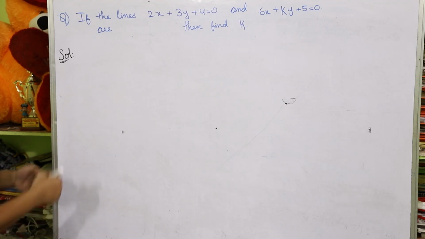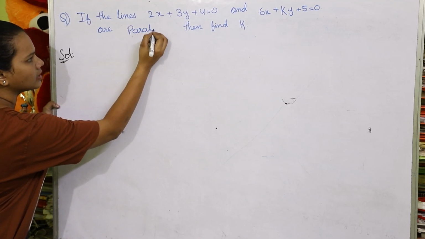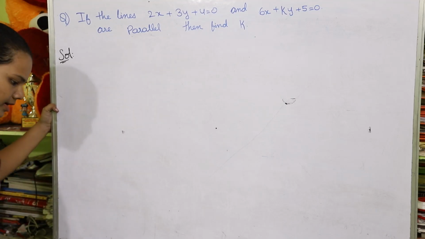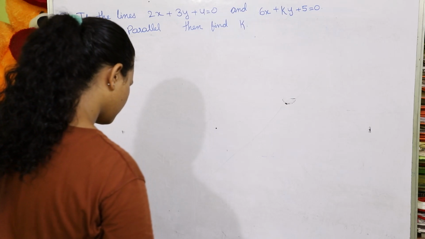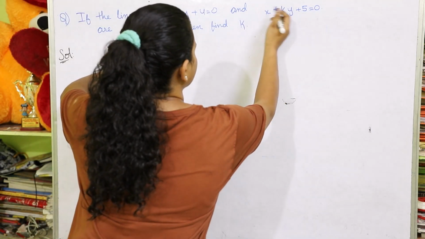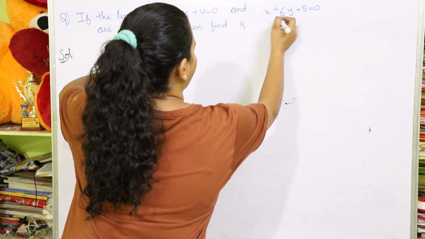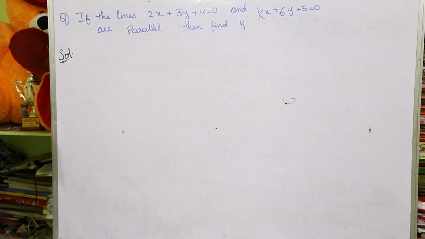Now in parallel, wait a minute, I will be showing the parallel. Yes. So in parallel, the second line has kx. Now we must find out the k value in the second equation also. Okay.